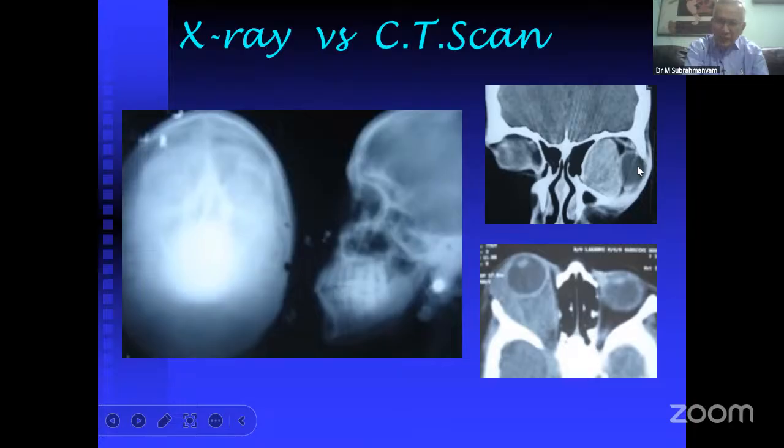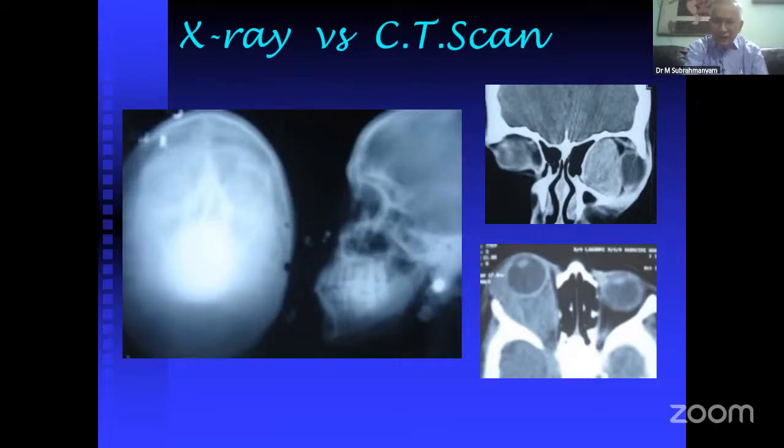The eyeball is pushed out since the mass is in the medial space, so it is causing an eccentric proptosis, a very big mass extending from the floor to the roof. Even the floor is showing some amount of excavation, very clear-cut margins. So most probably it is a long-standing lesion, and most probably a benign solid lesion.